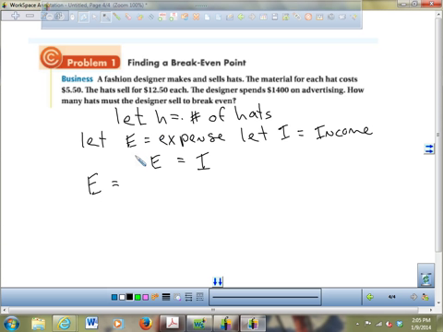Who can give me the equation for your expenses? How much are you expending to buy these hats? Go ahead. $5.50 what, Nina? Yeah, $5.50. $5.50 per what? Per times H, right? Yeah. But you have another expense.